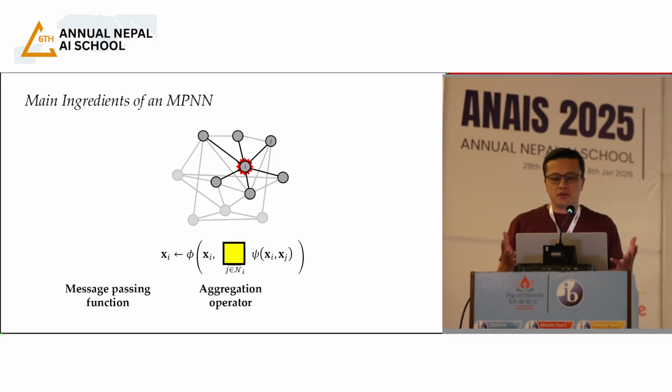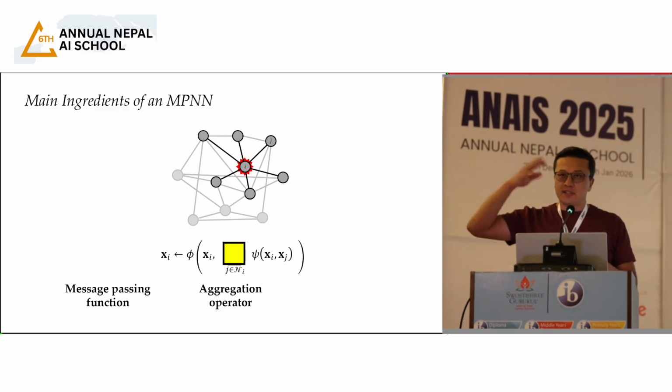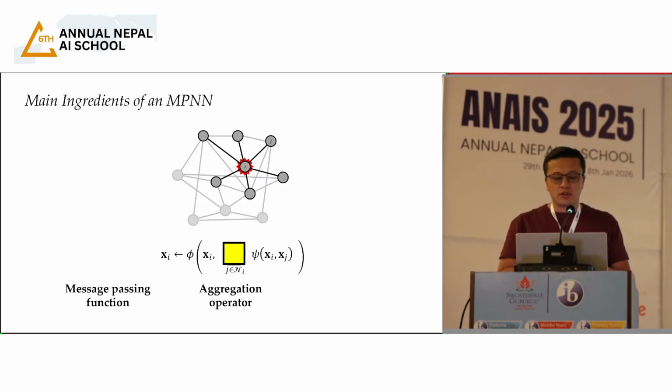What are my options? I can do, for example, a summation over these vectors, a mean, or other kinds of aggregation operators. This box here represents the aggregation operator. Then I have a function phi, which takes the resulting vector of the aggregation and the vector x_i, and computes an update for the next representation of x_i.